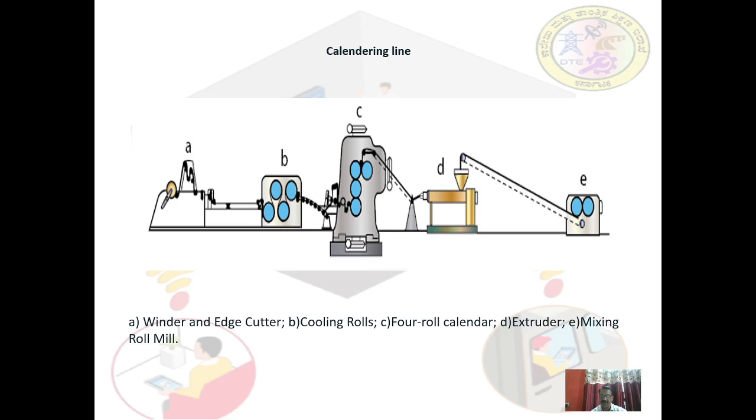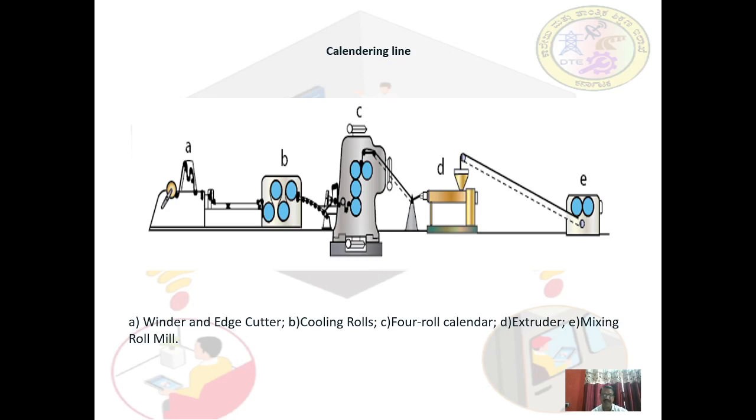Calenders are one of the most expensive types of processing equipment and are employed for the manufacture of a few special products like floor coverings and films made of plasticized polyvinyl chloride. This is about calendering. This is the equipment used for calendering.